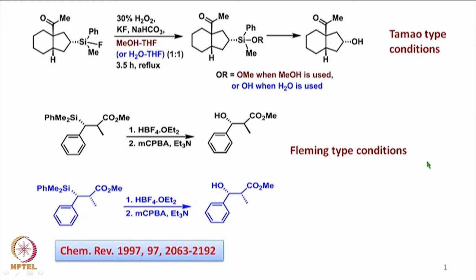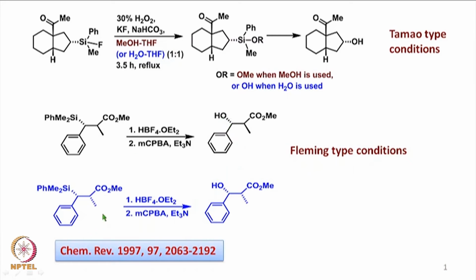In the case of Fleming type of conditions, which is very different from Tamao condition, we of course have to have a phenyl group here, and we have a well defined stereochemistry at this junction where the carbon silicon bond is formed, and of course another well defined stereochemistry at the adjacent carbon atom. Under acidic conditions, when the reaction is carried out, there is a retention of stereochemistry of the hydroxy group in the final product.